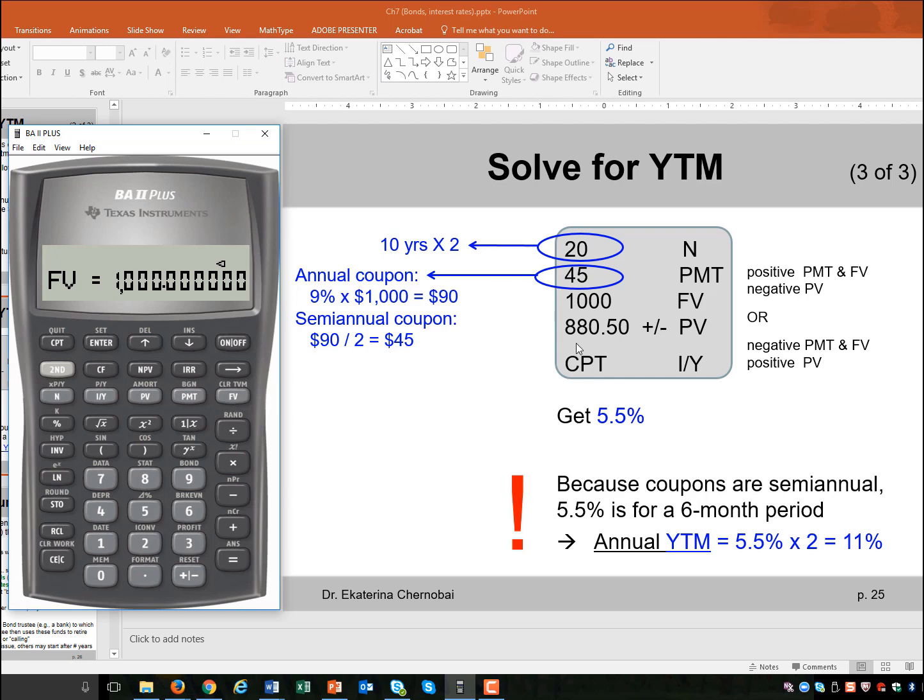And only for the bond price, or the present value, I'm gonna change the sign to negative. So I put 880.50, negative, PV. And I'm computing IY, compute IY. So we get 5.499965. If you round it to 2 decimal places, we will get 5.5, like on my slide. And then you multiply that by 2 and get the annual yield to maturity, 11%.